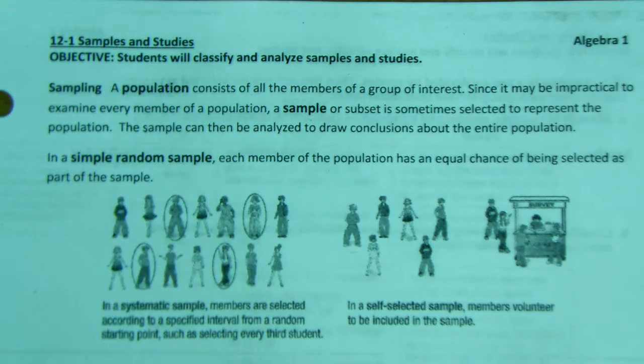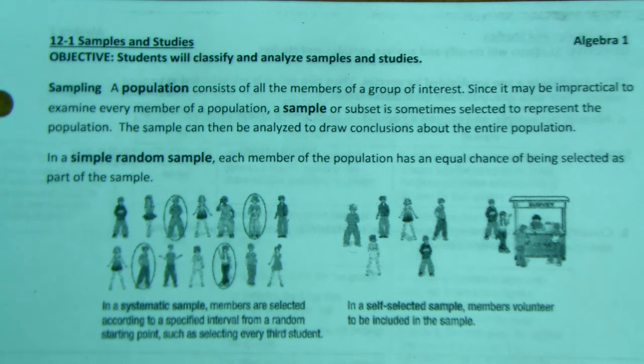Sometimes if you're asking a specific question or you want to know something about a specific set of people, your population is just that set of people. For example, if you wanted to know what the most popular school sport in the 7th grade is, your population is 7th graders, not the whole middle school. Or maybe you do want the whole middle school, so your population is the middle school.